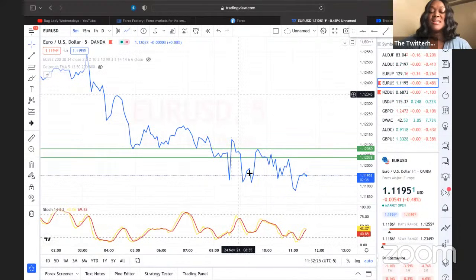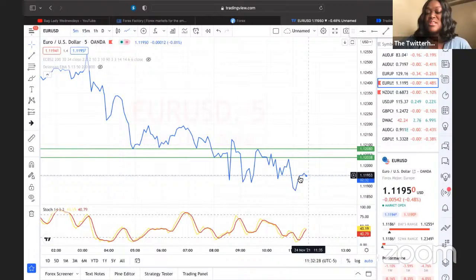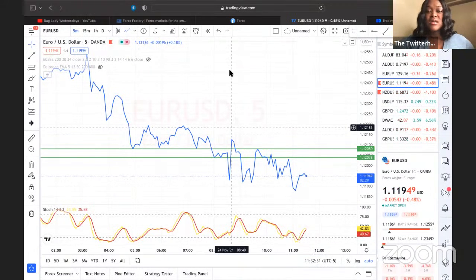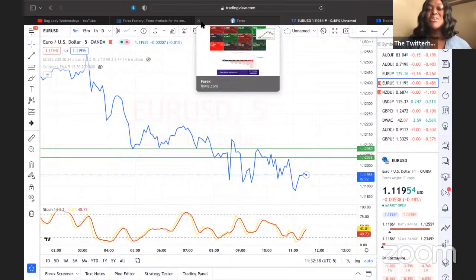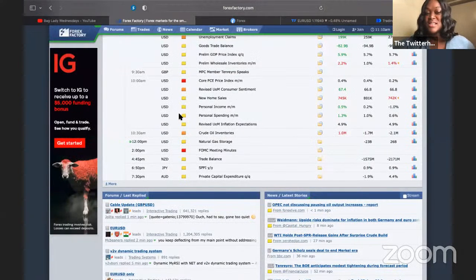A lot of times it's not really moving. Honestly, the way all those folders were looking this morning, I wouldn't even really want to be trading. But I'm here because of the session.